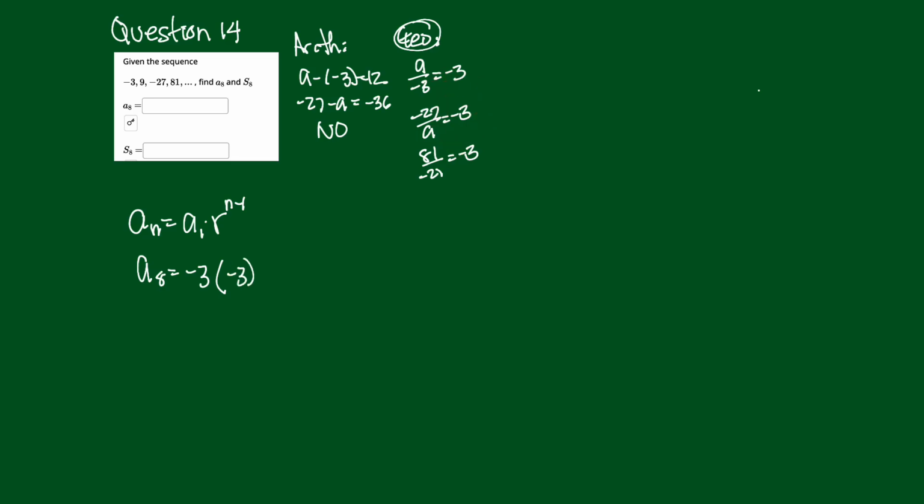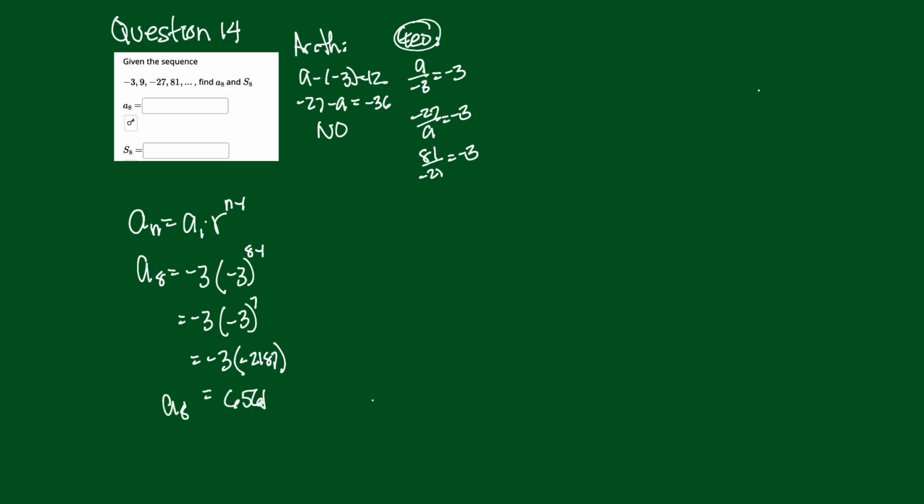And I want that to the 8 minus 1. So this is negative 3 times negative 3 to the 7th. Negative 3 to the 7th is negative 2187. Multiply that by negative 3 again, and I get 6561. All right, so that's a sub 8.